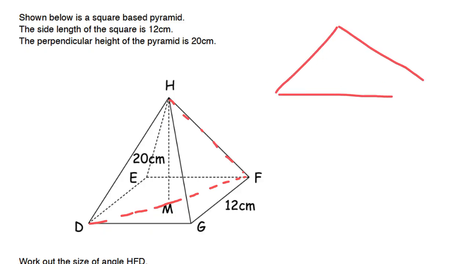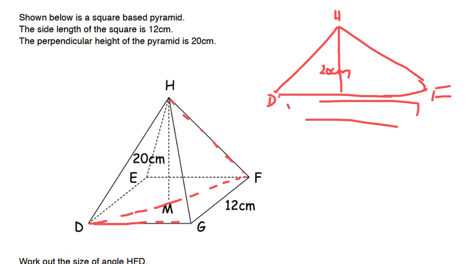If we imagine this is the 20 centimeter point, and this is H, this is D, and this is F, then we have to find the distance between D and F, and find the angle between H, F, and D, which is essentially this.